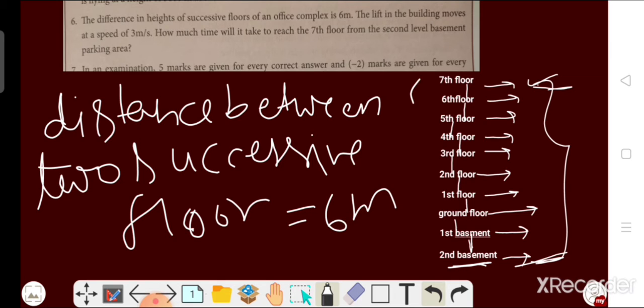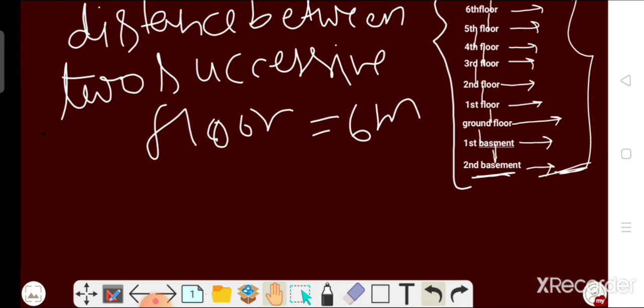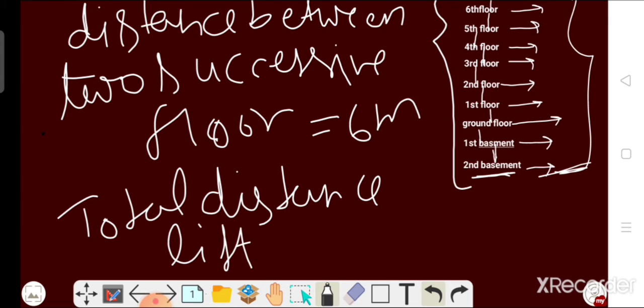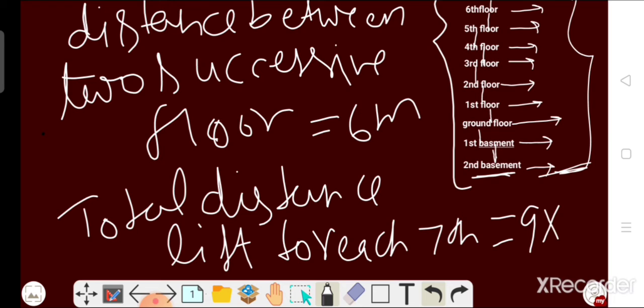And how many successive floors do we have to travel? 9. How many gaps are there? 9. So the total distance travelled by the lift to reach the 7th floor is equal to 9 multiplied by 6, and that is 54 meter.